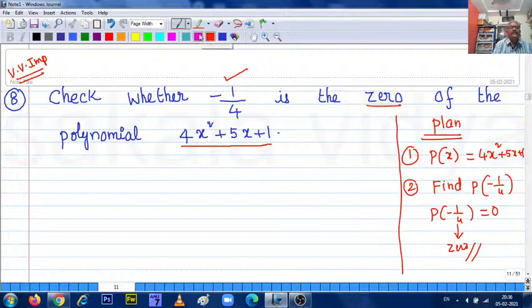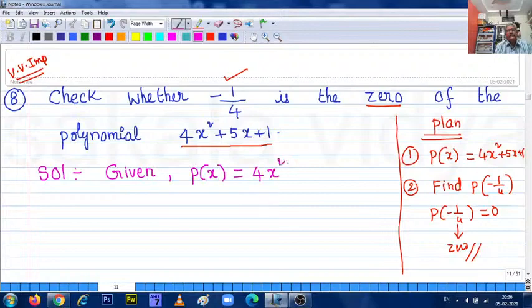See, this needs to be done like this. Solution. Given p of x equals 4x square plus 5x plus 1. Now find p of minus 1 by 4.